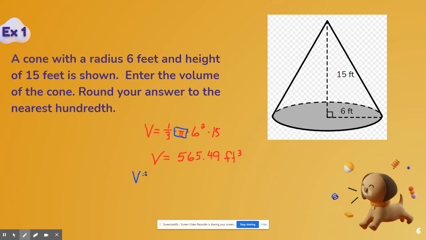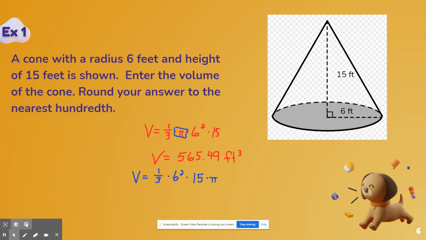So we would enter in 1/3 times 6 squared times 15. And we want to multiply by pi, but I'll show you what I mean here in just a second.